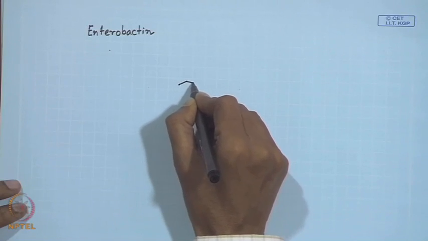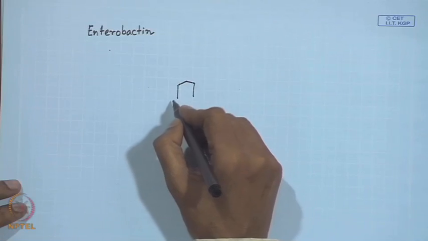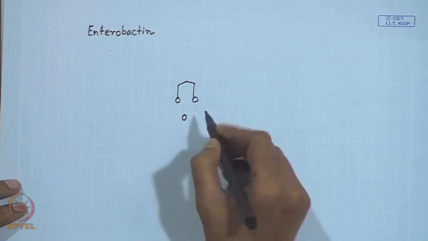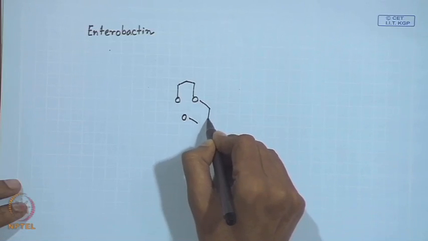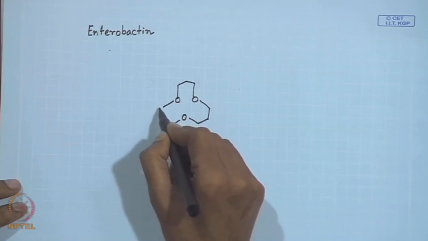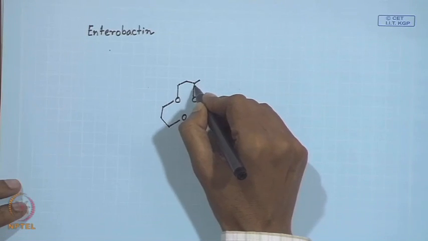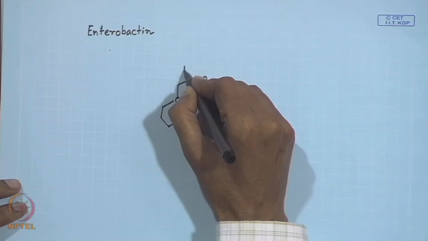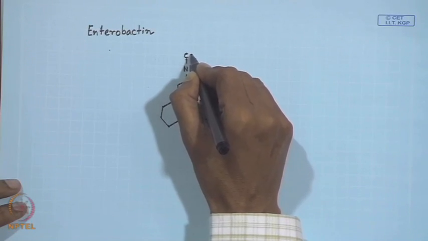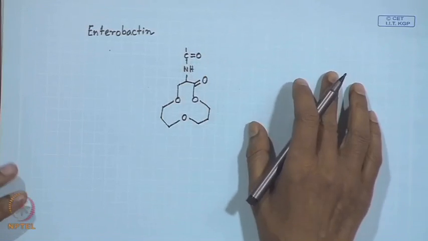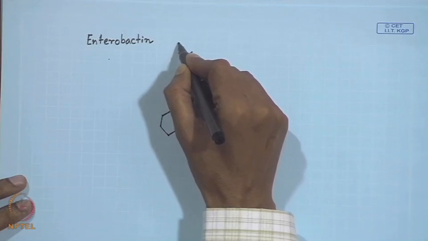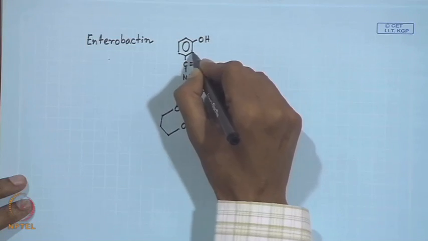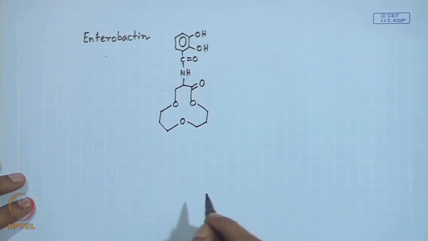In most of these cases they are either linear or cyclic in structure. This is repeated on three sides.